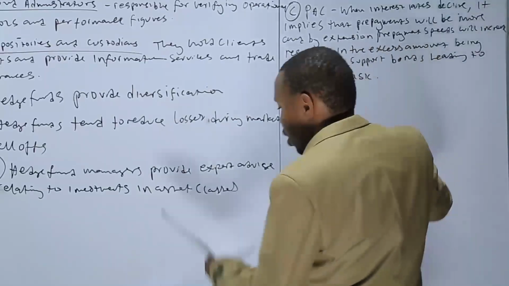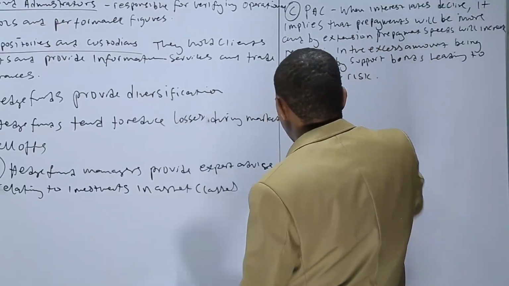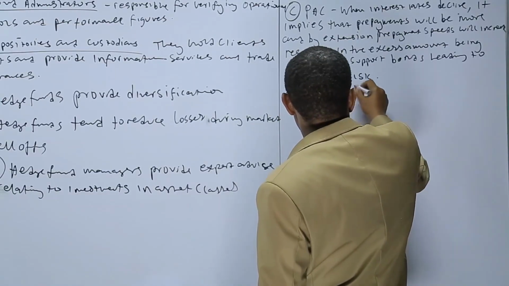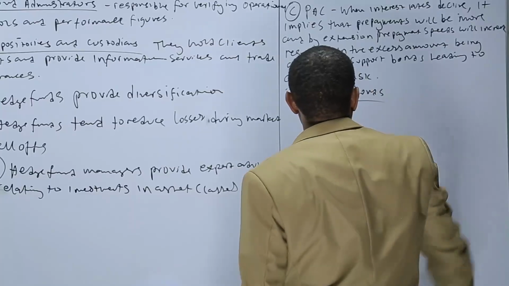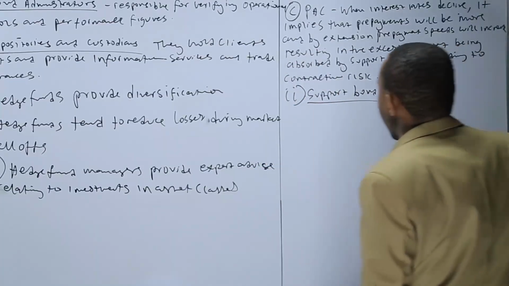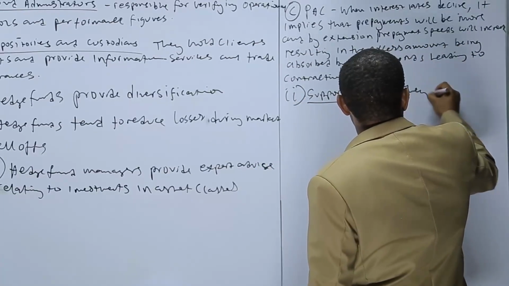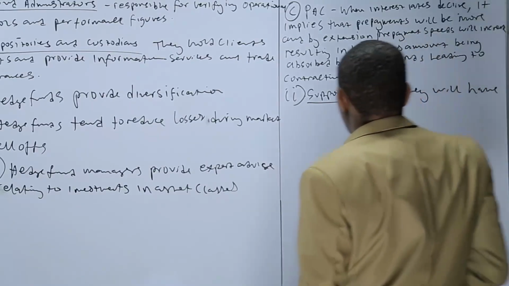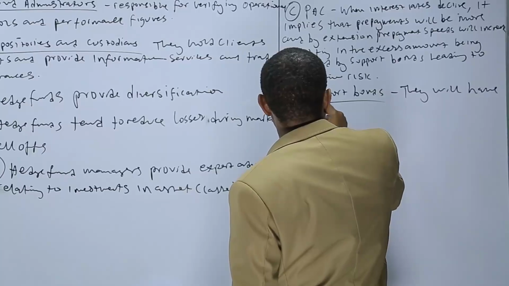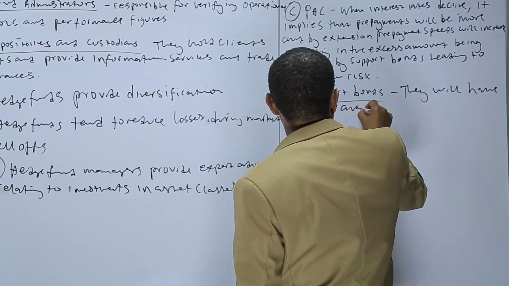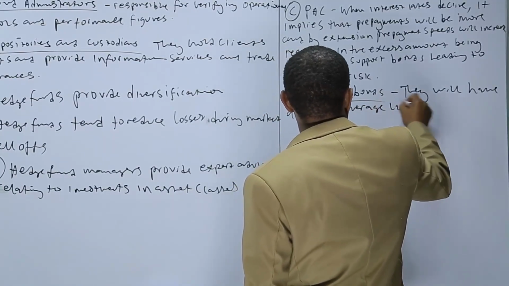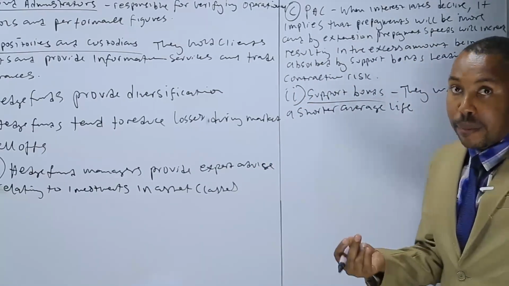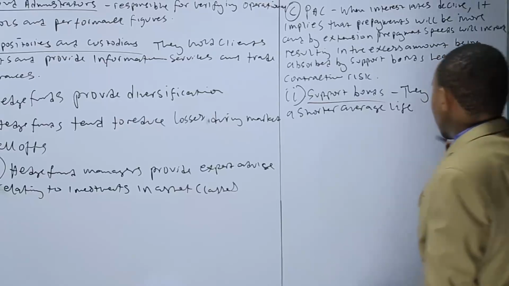Now we move on and look at the second one, which is support bonds. Support bonds, we can say that they will have a shorter average life than PAC, or than planned amortization class, due to contraction risk.